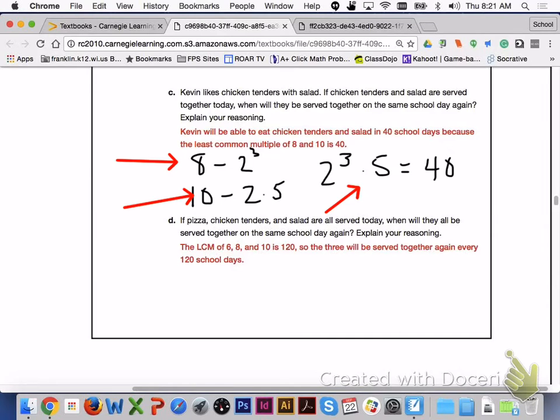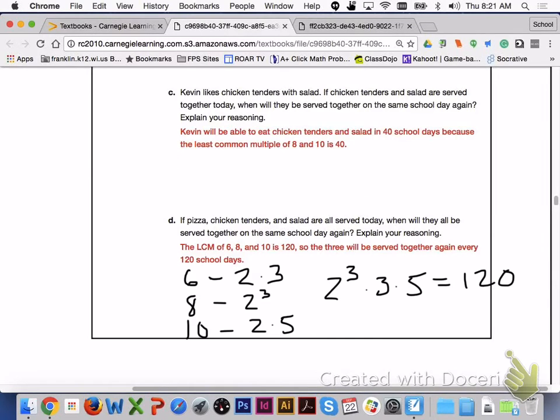That is the LCM. For letter D, the LCM of 6, 8, and 10 is 120. So those 3 foods will be served together again every 120 school days. Here is my list of unique factors. Here are the factors then listed with the greatest powers. When I multiply them together, I get my LCM of 120.